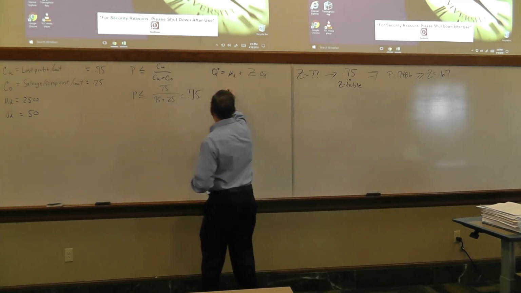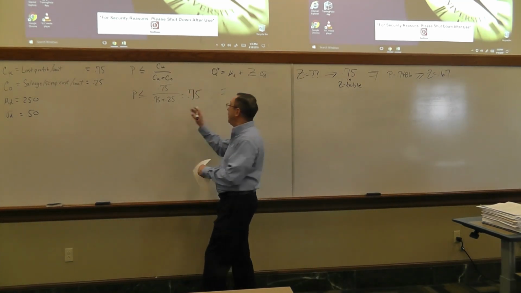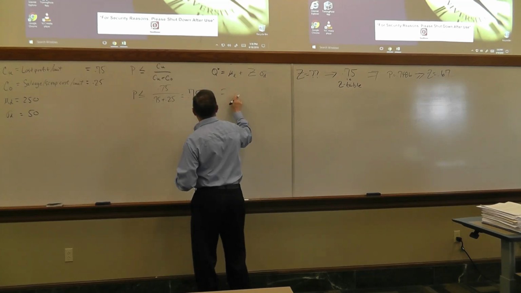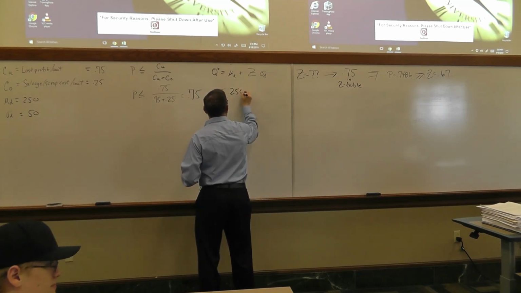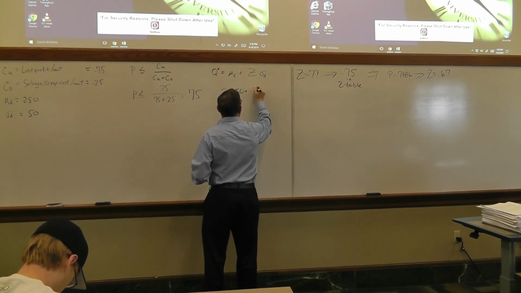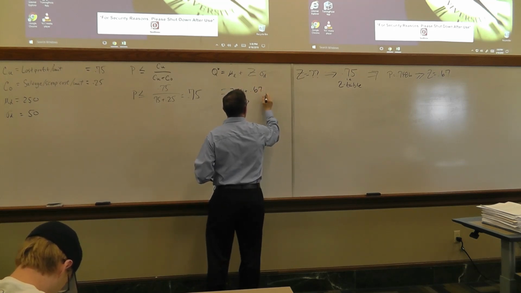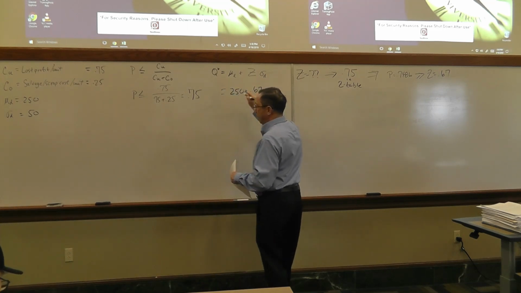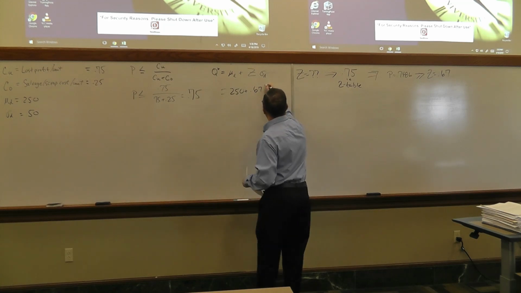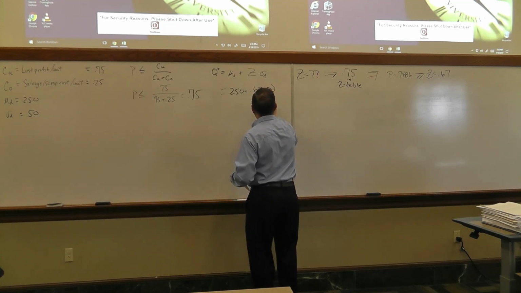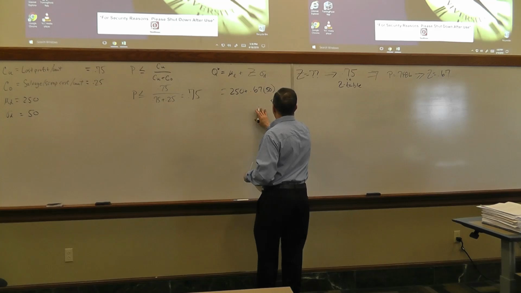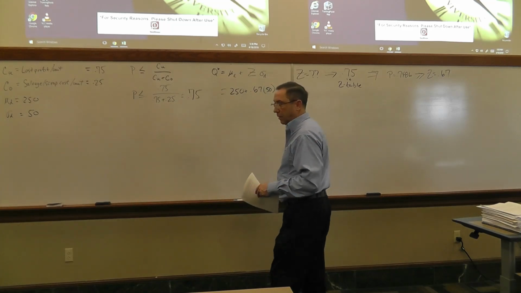Plug and chug. We're almost done. 250 plus 0.67 of my standard deviation of demand, which was 50. That's 33.5.